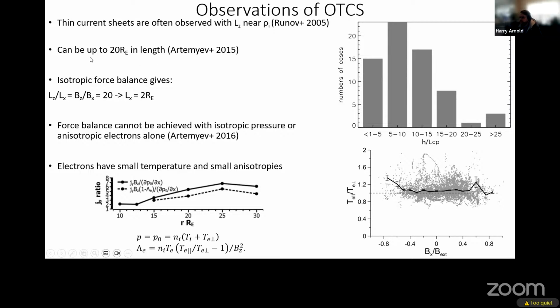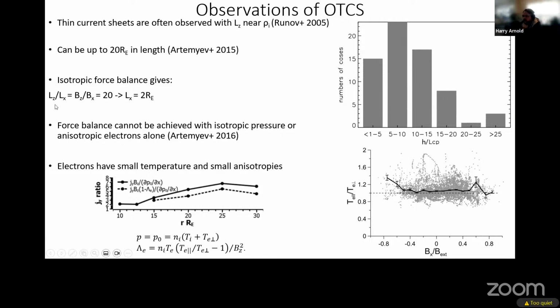And indeed, they can be up to 20 RE in length, quite long thin current sheets going into the tail. Now, the trouble with this 20 RE here is that if you just consider force balance with isotropic pressure, right? So, in a steady state system with no flows, quiet time, you can't achieve this 20 RE.